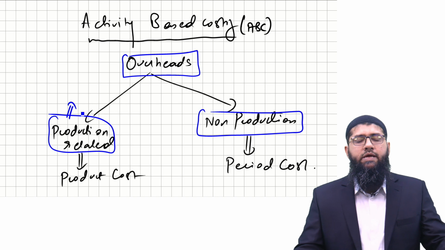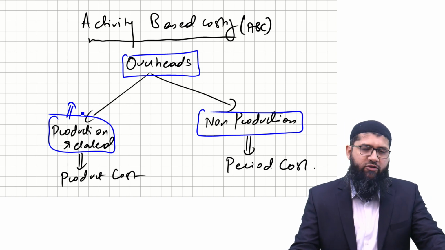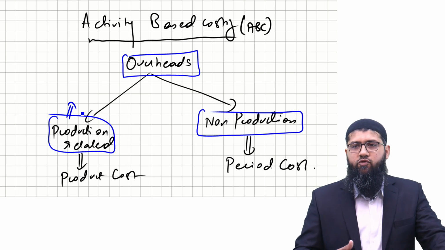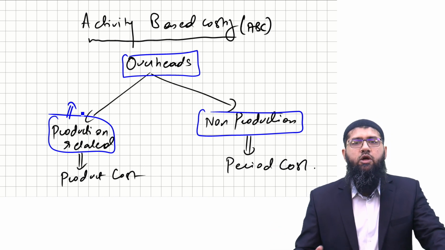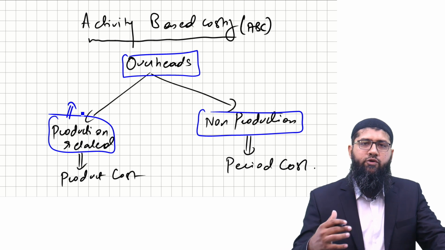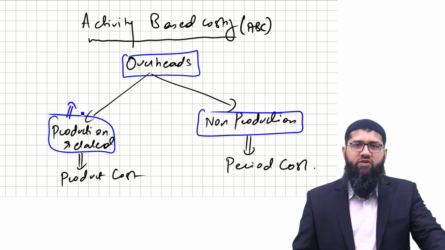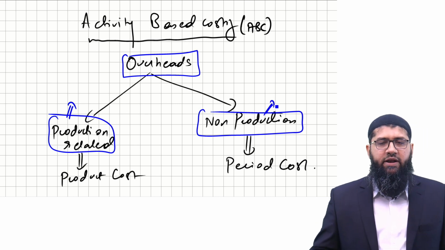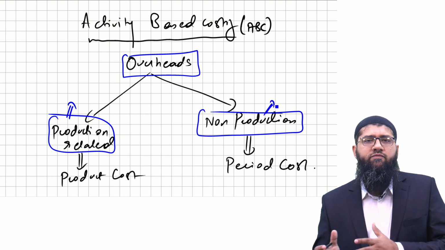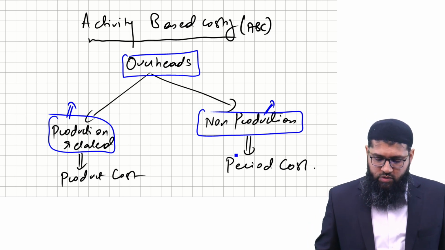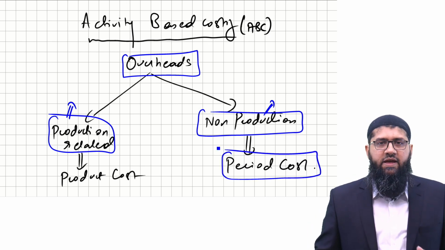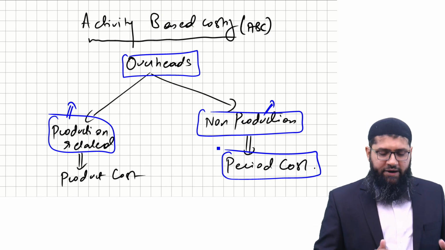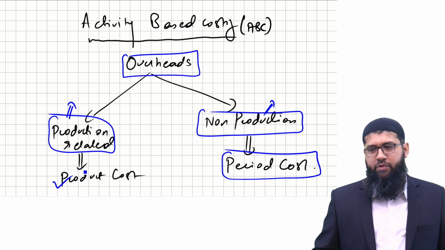Production-related overheads pertain to the production facility, like machinery depreciation, factory rent, security cost, supervision cost, etc. Non-production-related costs are other than production, such as marketing and admin. We have discussed that non-production-related cost is treated as a period cost, whereas production-related cost is treated as a product cost.